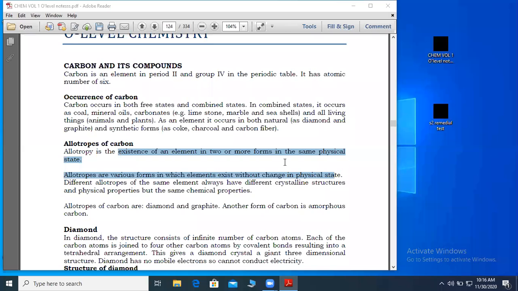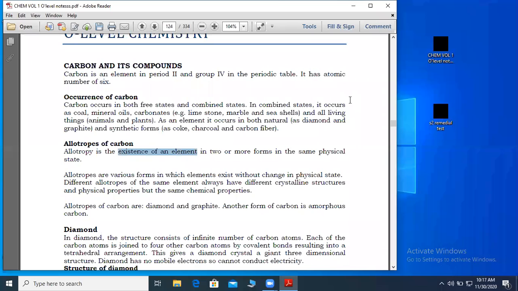Allotropy is the existence of an element in more than one form. Just like we are saying carbon is the element we are talking about, it can exist in many forms.